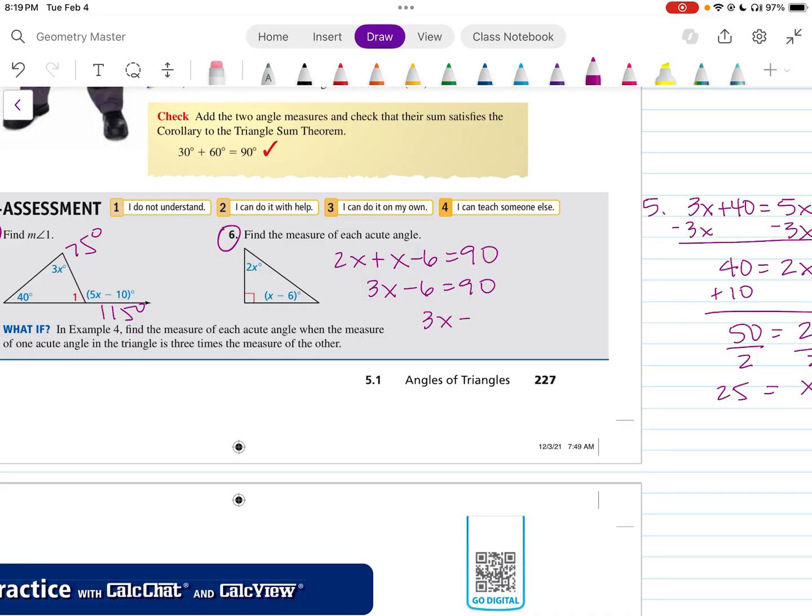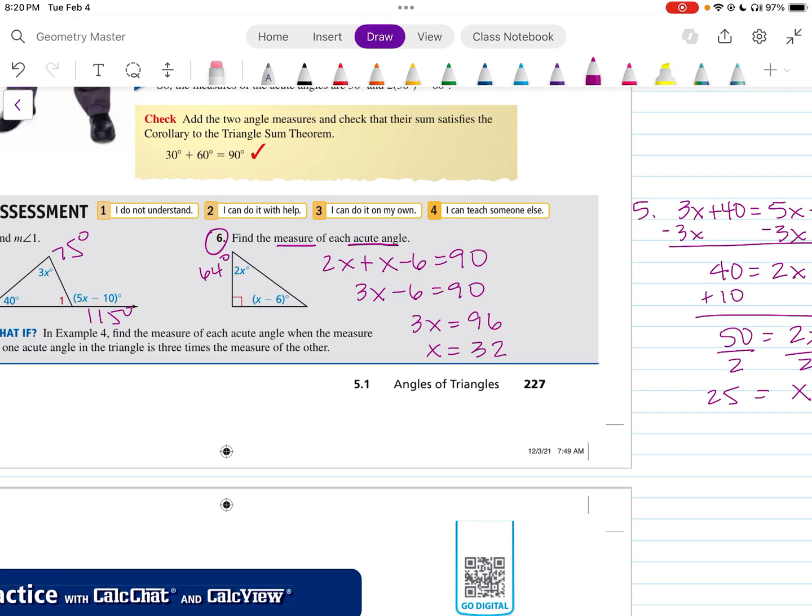Add 6 to each side, 3x equals 96. Divide by 3, x equals 32. But it doesn't want to know what x is. It wants to know the measure of the angles. So 2 times 32 is 64 degrees, and 32 degrees minus 6 degrees is 26 degrees.